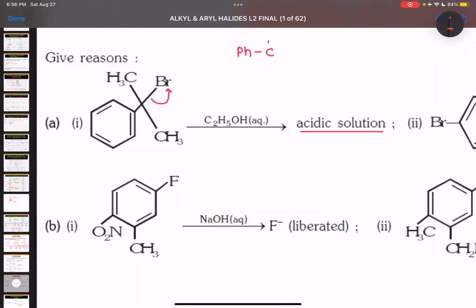This is phenyl, you have CH3, CH3, and the Br can come out very easily, and this phenyl will undergo resonance. Then the ethanol is going to attack here. So ethanol will join itself and the H plus will be removed. So it will be an acidic solution, because the final product is going to be PhCH(CH3)OEt.